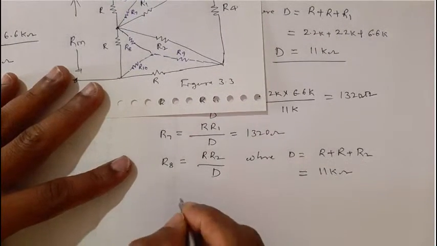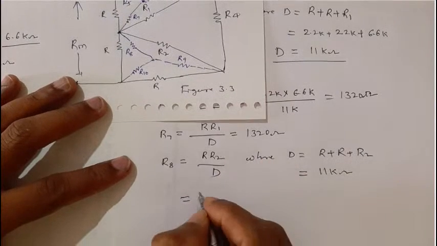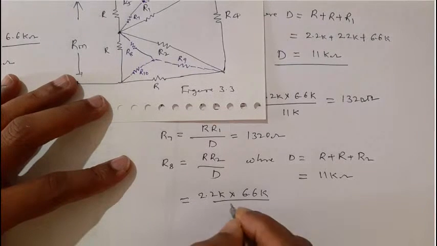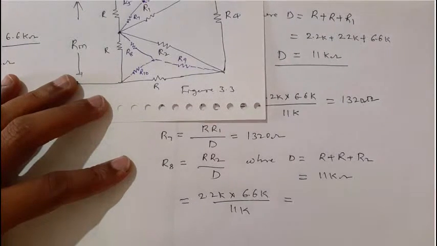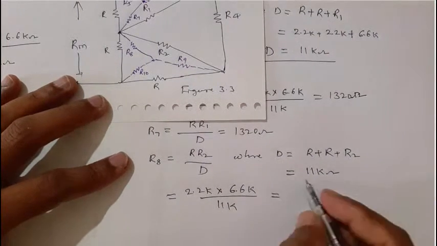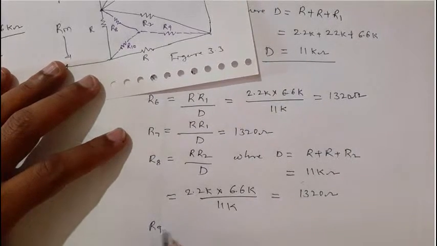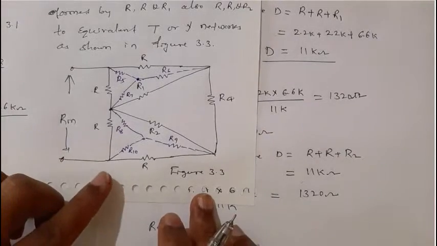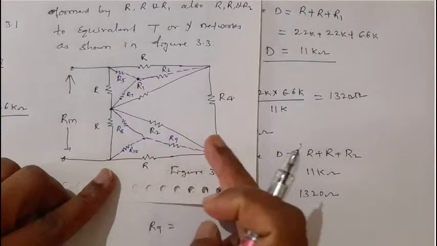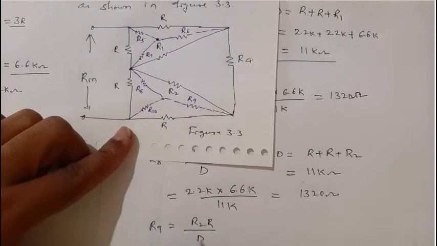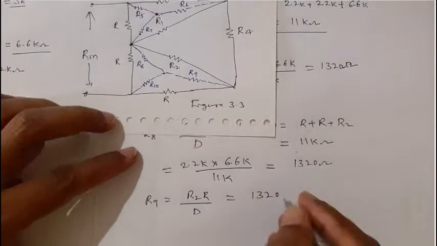Now R8 is 2.2k into R2 is 6.6k divided by 11k, which is 1320 ohm. R9 is this resistor, the two adjacent resistors are R2 and R, R2 into R divided by D, which is also 1320 ohm.